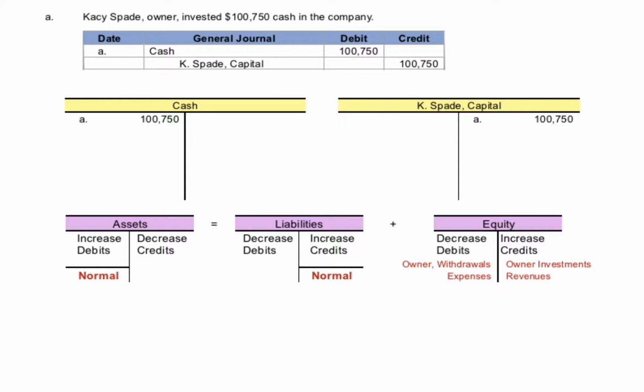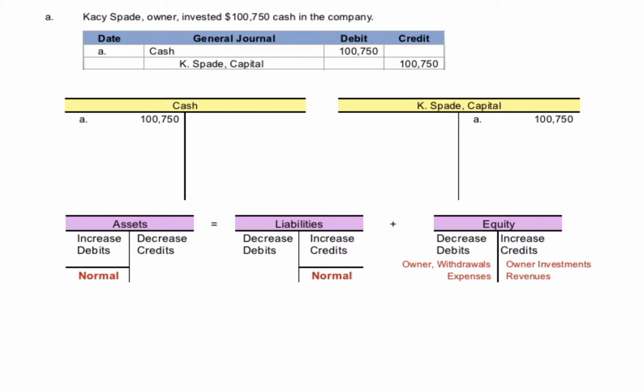But I'm trying to think of a better way to explain that. It's hard to think of equity. If you put the money in the business, that's the capital goes up. Yeah, capital goes up. Okay, so you're with me there. So with that in mind, owner investments over here is really the only true equity account that we have.